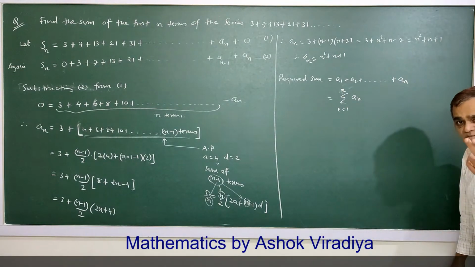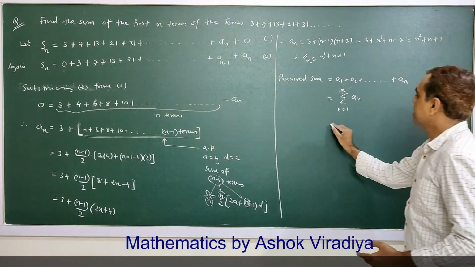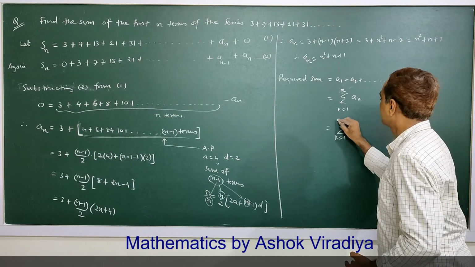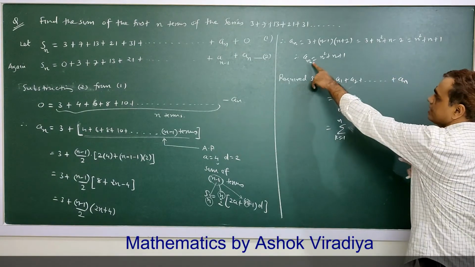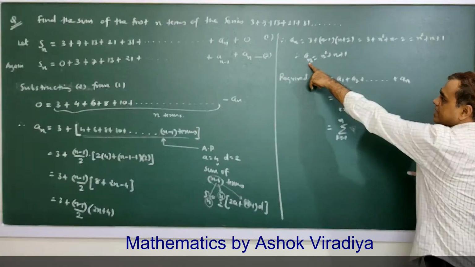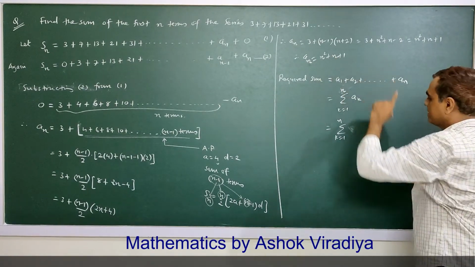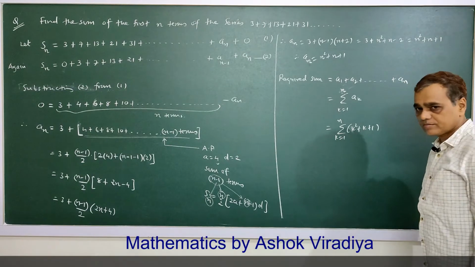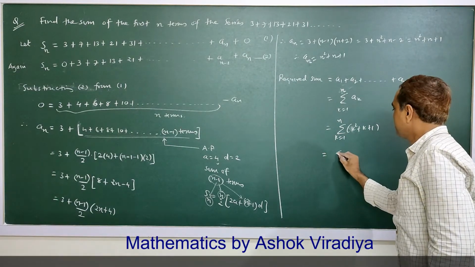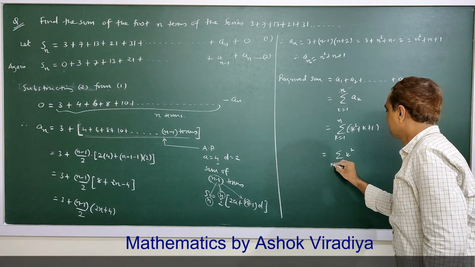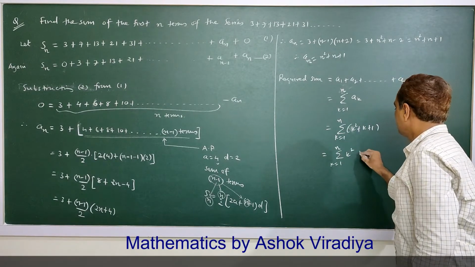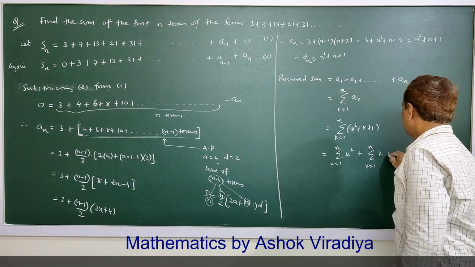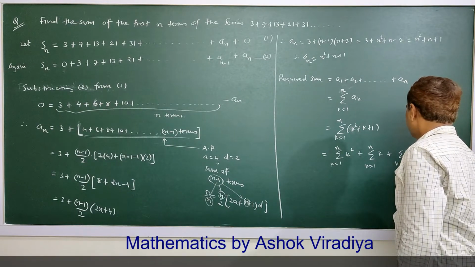K is now the variable for sigma. Now a k, you can replace n by k. So a k is k square plus k plus 1. So this is equal to sigma k square, k 1 to n, plus sigma k, k 1 to n, plus sigma 1, k 1 to n.